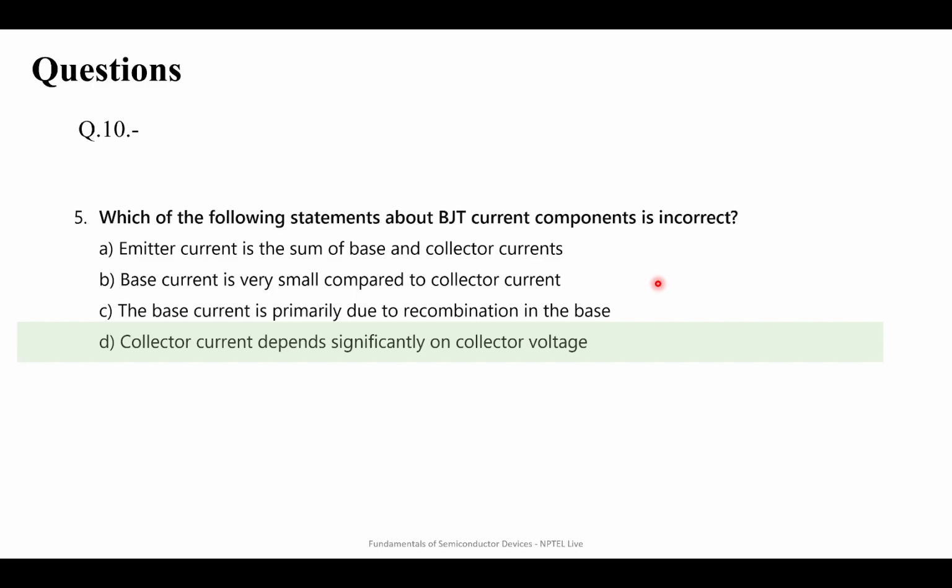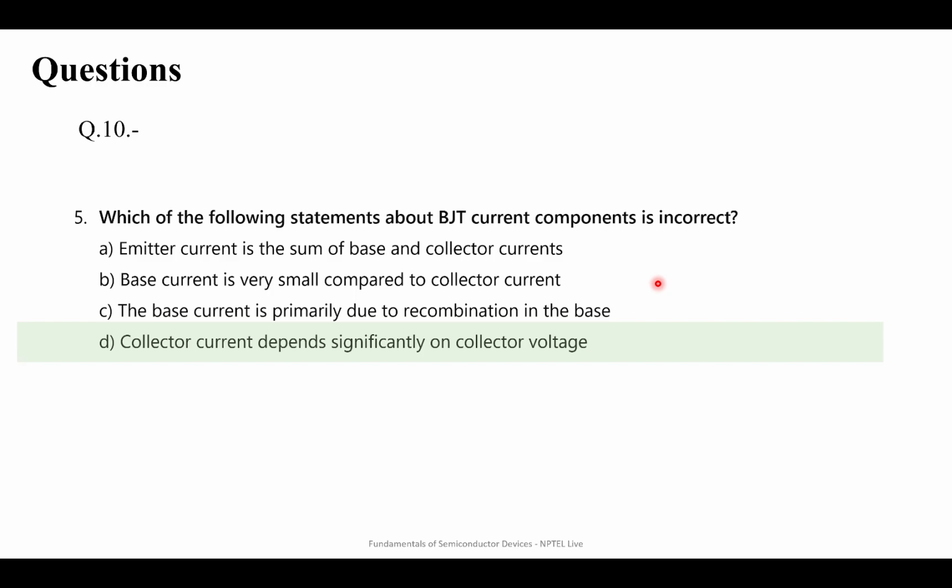By Kirchhoff's law, since we just stated that our configuration is common emitter configuration, in common emitter configuration if you apply Kirchhoff's law, you will get that emitter current is due to current from both base and collector. So it is the sum of both base current and collector current. And base current is very small compared to collector current. That is how your amplification works. The base current is primarily due to recombination in the base.